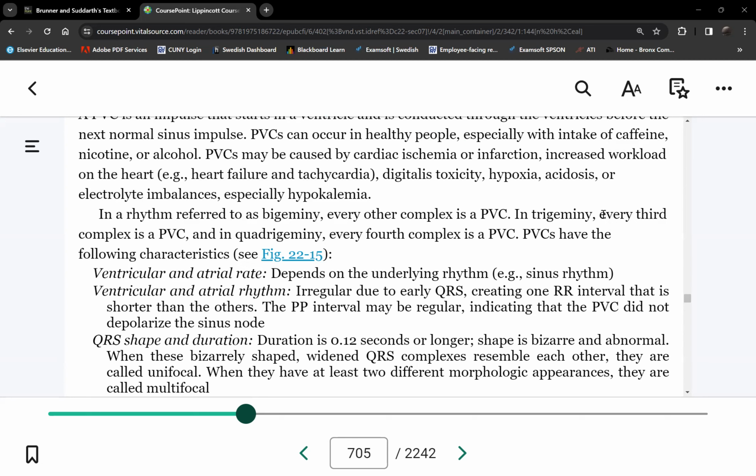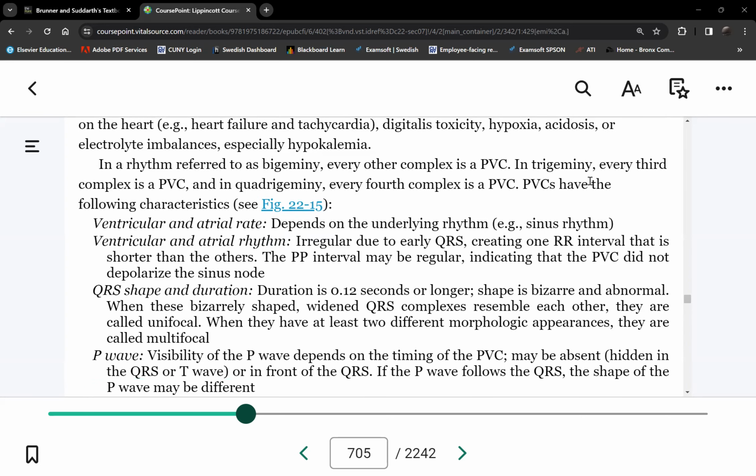What if it's a quadrigeminy? What do you think the pattern will be? Okay, every fourth beat will be a PVC. All right. Now, that's one pattern depending on how often it occurs. There's also a pattern as to how many occur at a time.